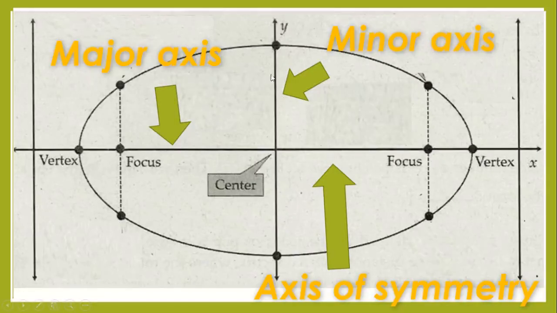So, ibig sabihin, pag nag-intersect, yung intersection ng minor axis at saka major axis, naroon yung location ng center ng ating ellipse. Okay? Tandaan, major axis, minor axis, and axis of symmetry dadaan din sa vertex, focus, and center of our ellipse.